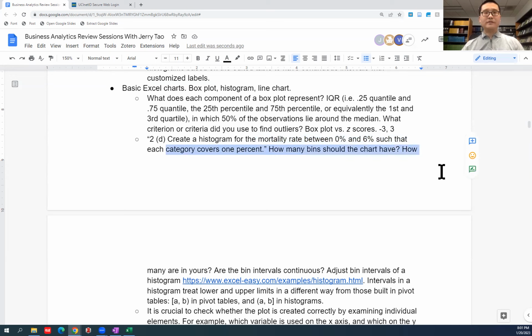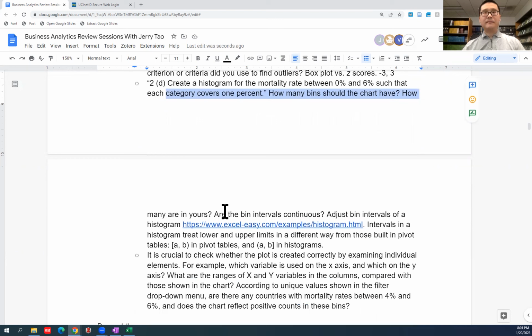A good way to check whether the chart you made complies with the requirements is to check individual elements. For example, how many bins does your chart have, and are the bin intervals continuous? There are also ways to adjust bin intervals when we build a histogram.